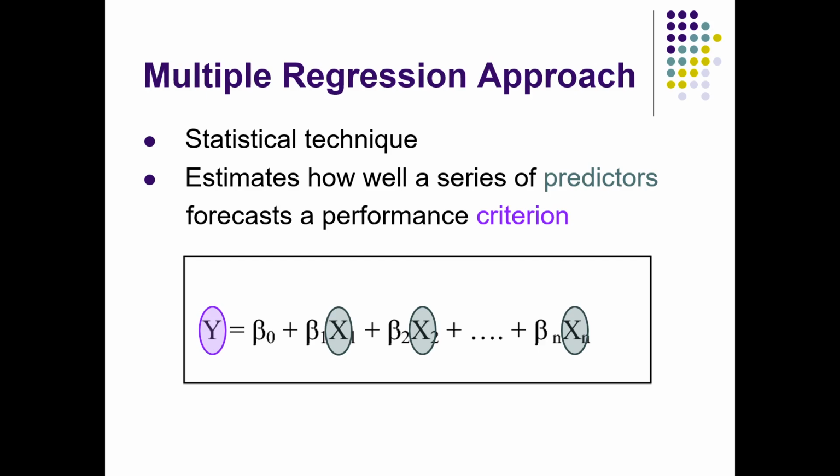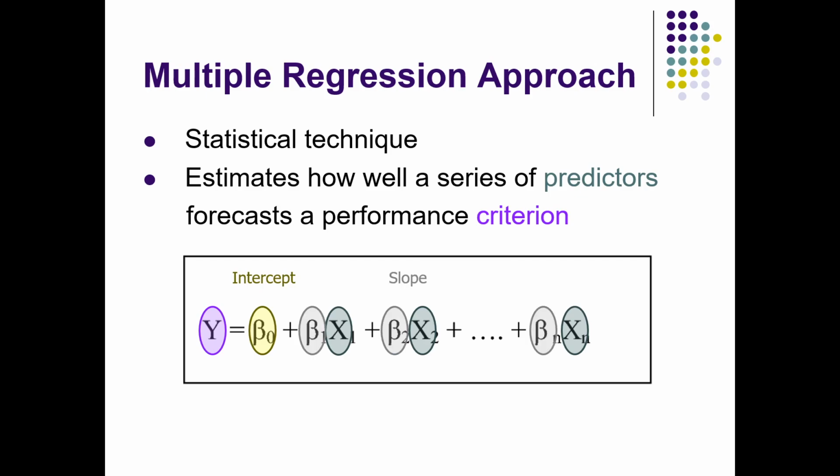So Y is what we want to know, and X is all of the predictors that we're using to try and estimate Y. And you can see there's plus signs between them. So we have all these different X's that we're going to try and combine in a way to predict Y. The B is the intercept with the y-axis, and if you were to graph this out, it tells us at what point along the y-axis the line is going to intersect with the y-axis.